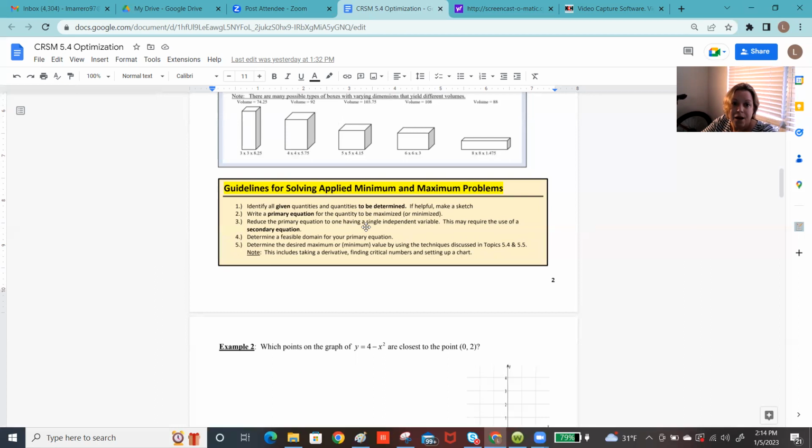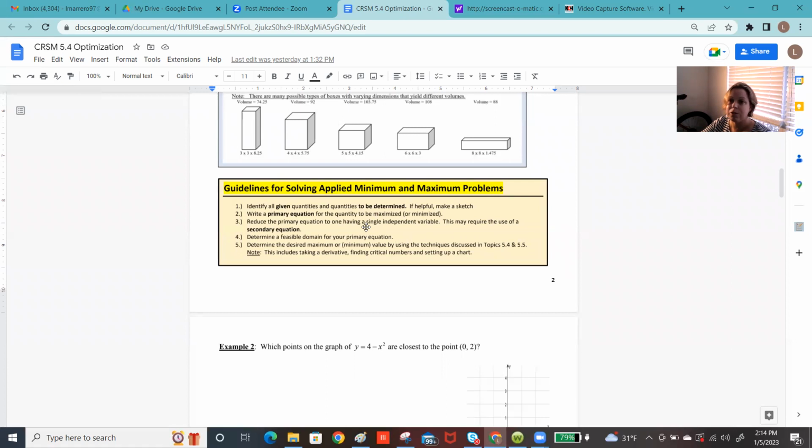Then reduce the primary equation to one having a single independent variable. This may require the use of the secondary equation that we create. Determine a feasible domain for your primary equation.